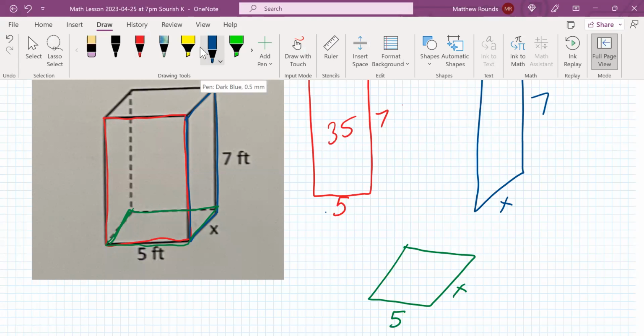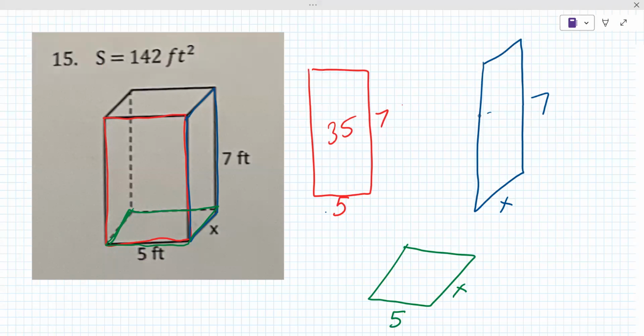The area of the blue is 7 times... What's down here? It's an x.